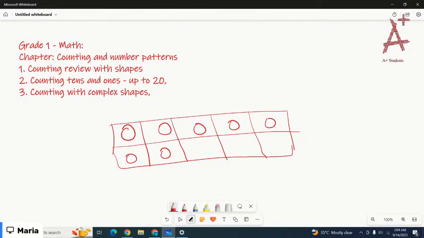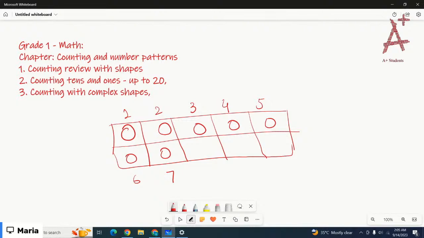Which is the correct option? You have to count the circles in the frame, right? So there are 1, 2, 3, 4, 5, 6, 7. So there are 7 circles in the frame, right?